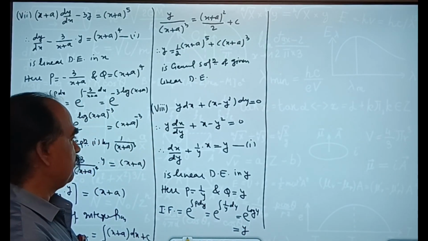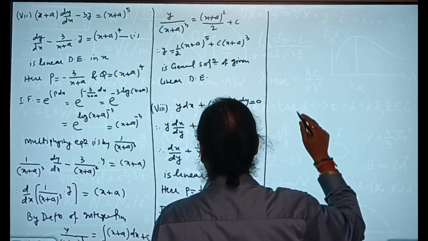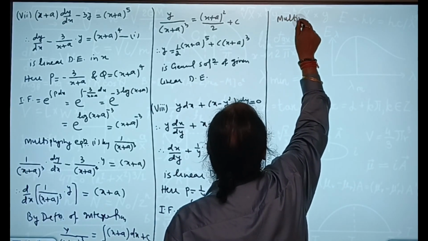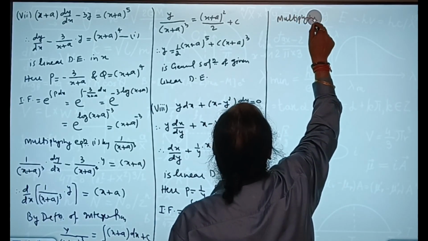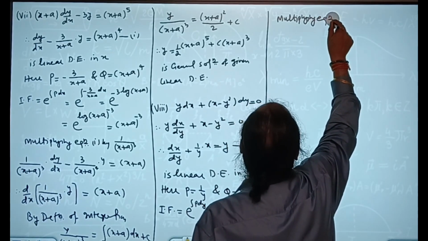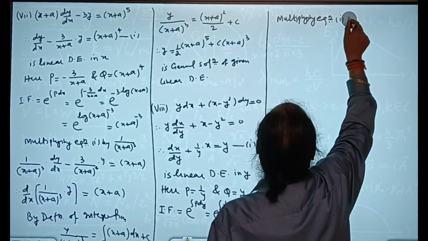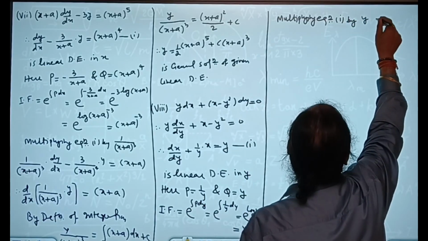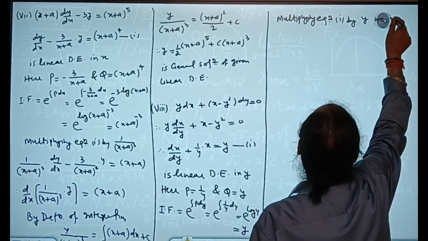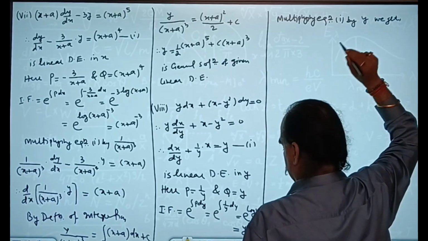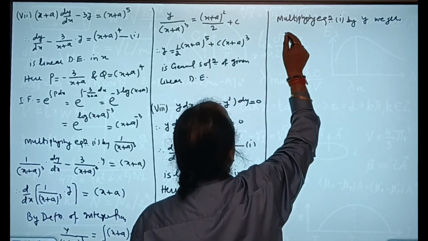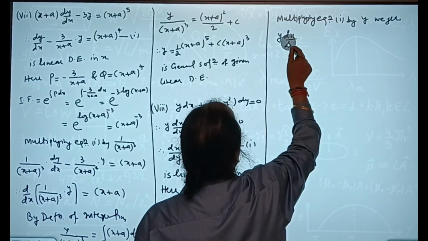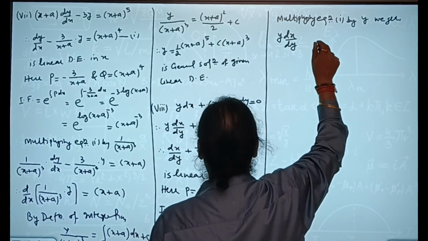Multiplying equation 1 by y, we get y dx by dy plus x.